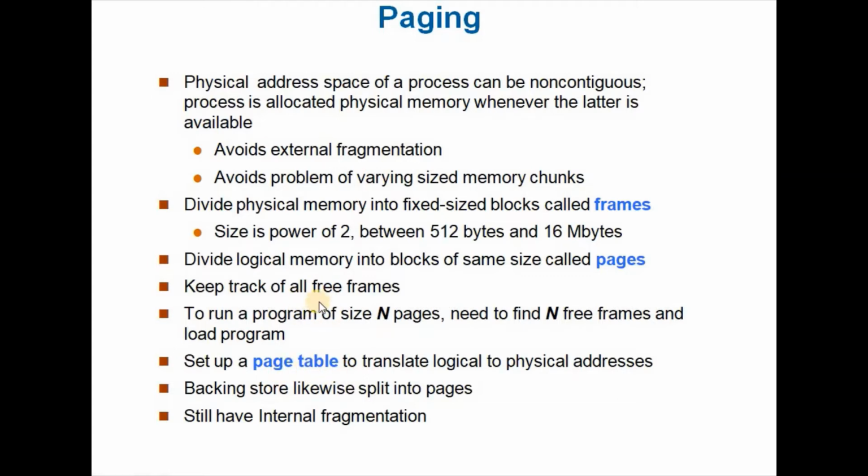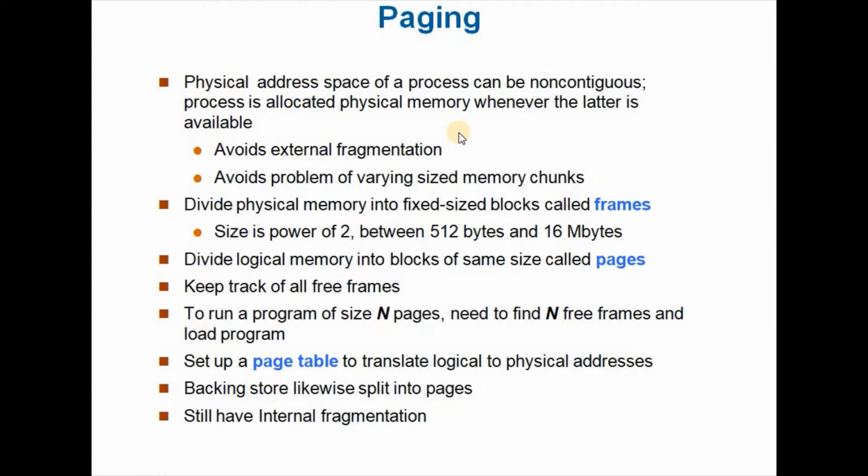We also need to keep track of all free frames which are available in the primary memory. And keep in mind that the physical address space of a process can be non-contiguous. That is the advantage of using this paging technique.